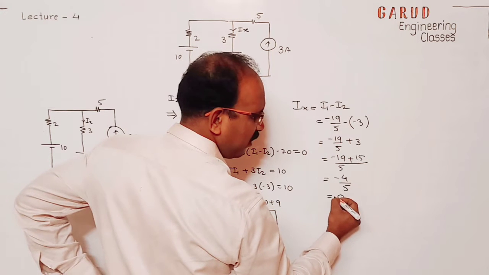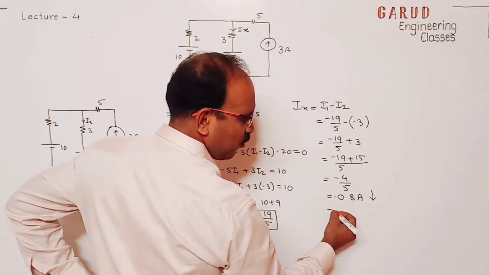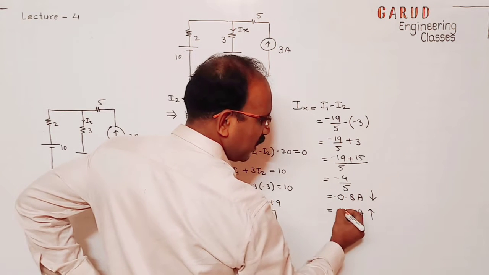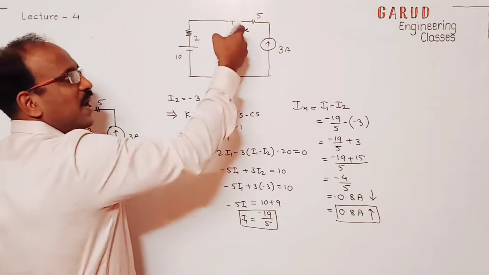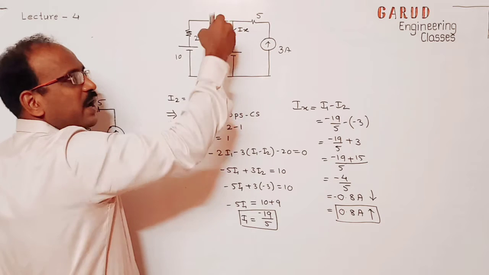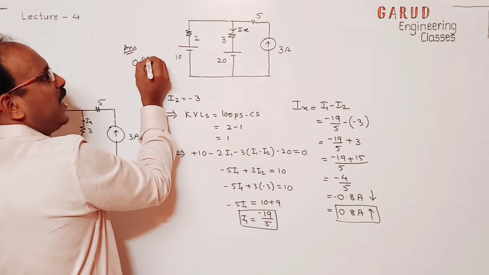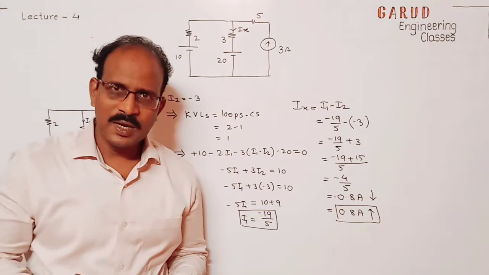That is equal to minus 0.8 amperes in this way. So the real answer is 0.8 amperes in the opposite way. Even though Ix was assumed to flow downward, the answer is 0.8 amperes in the upward direction. This is what we get using KVL.